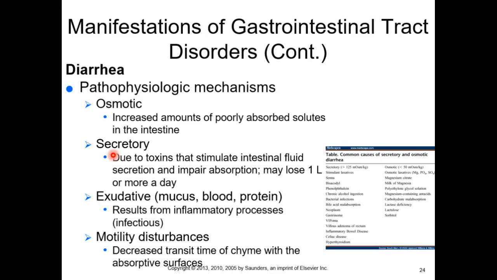That's where I think the gray area comes from. I almost don't really see a reason to separate these two categories necessarily, but your textbook is separating these categories. So anything that would be toxin, it doesn't necessarily have to be infectious to be toxic to you. We could put it that way if you really want to differentiate these things. And then motility disturbances, like I mentioned, that would be neurological for the most part.